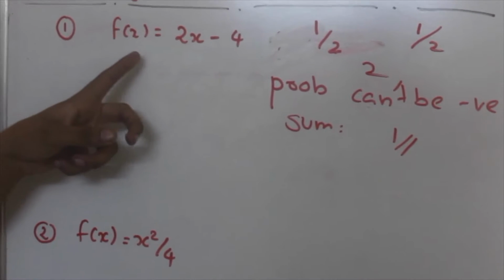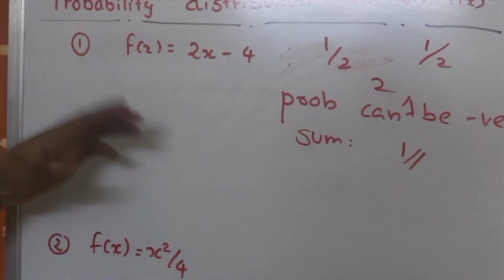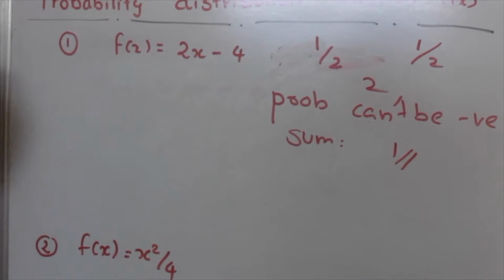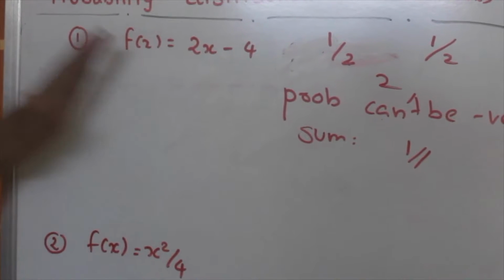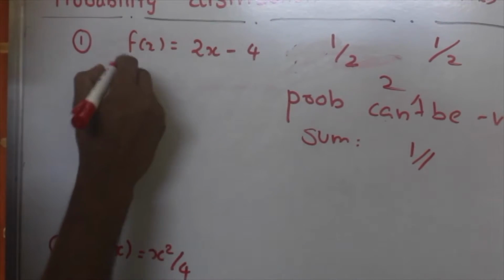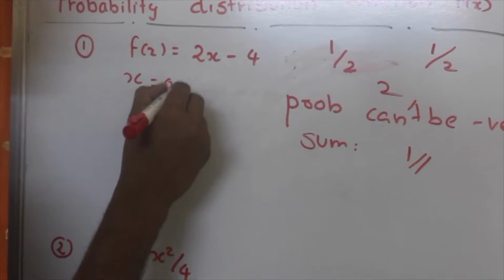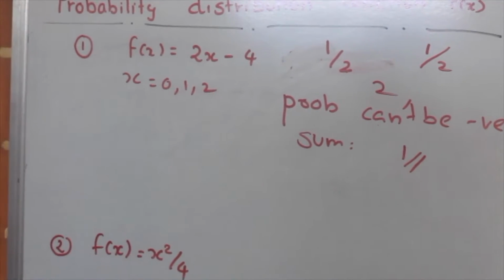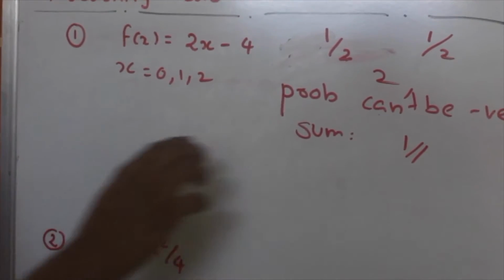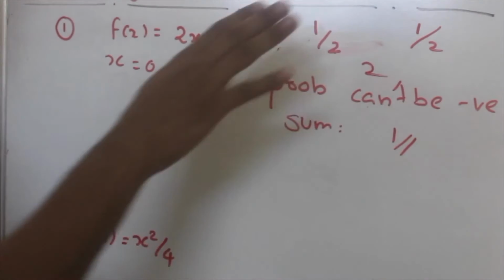So now we have f of x, that is the PDF. You already know that by supplying values to x we get probability. So first, f of x equal to 2x minus 4 for x equal to 0, 1, 2. This is our question. First we look at whether the probability can be negative.